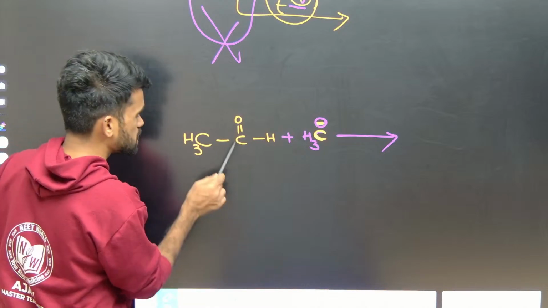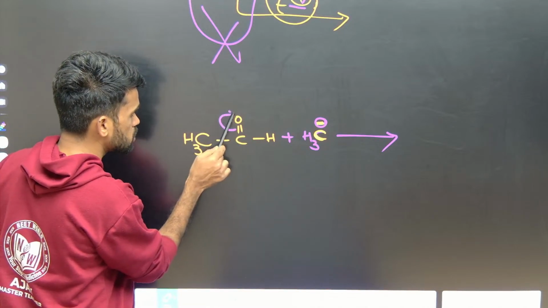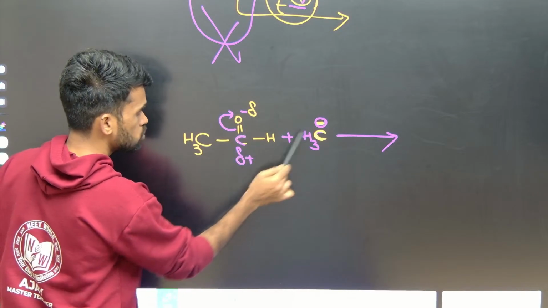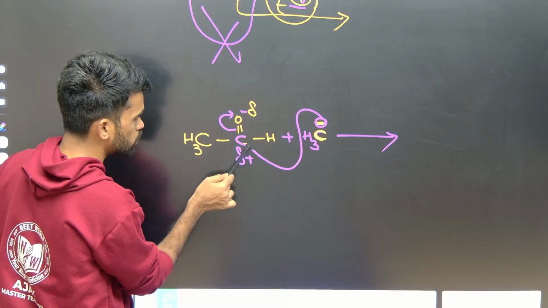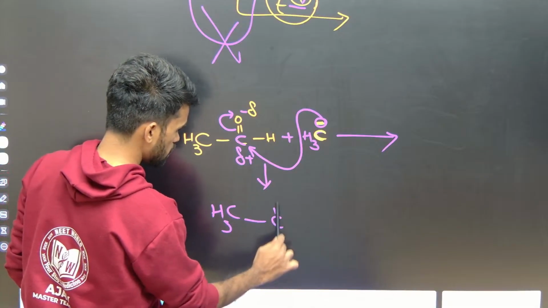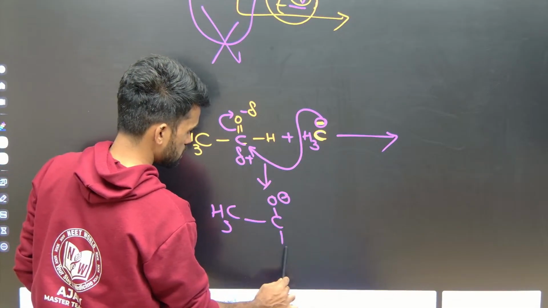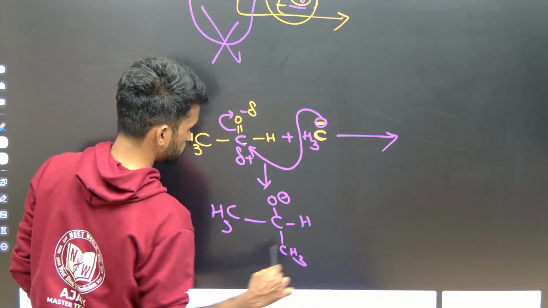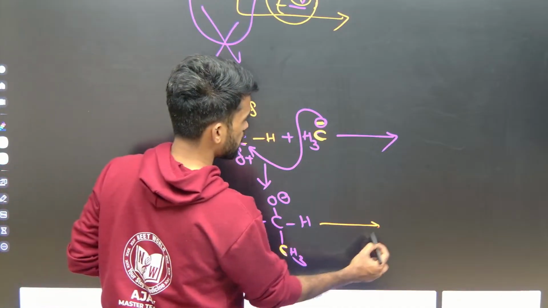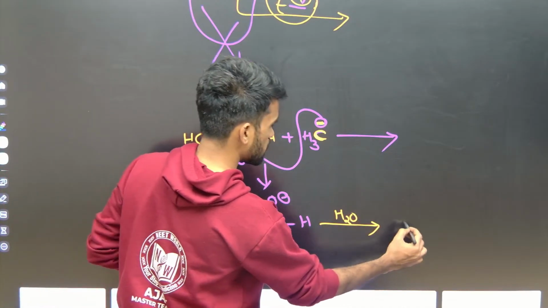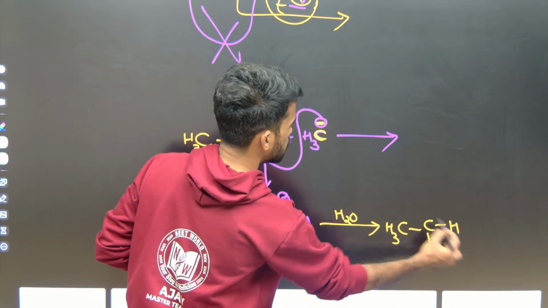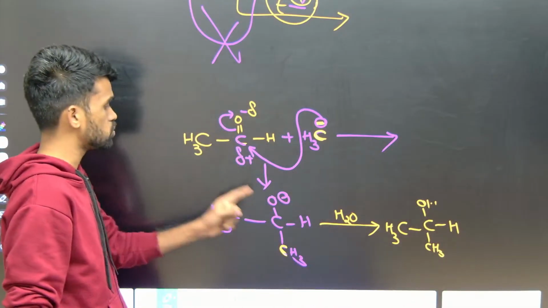We know the bond is taken towards oxygen, creating a negative charge on oxygen and partial positive charge on carbon. So the negative charge attacks here and gives CH3, C, O minus, with a new CH3 added here. Followed by hydrolysis, it is converted into alcohol. See, we have converted aldehyde to alcohol.